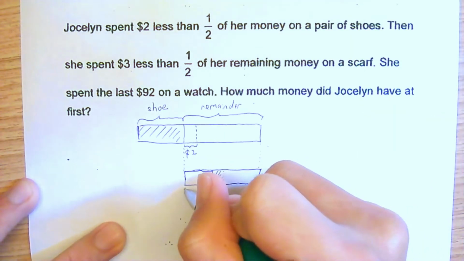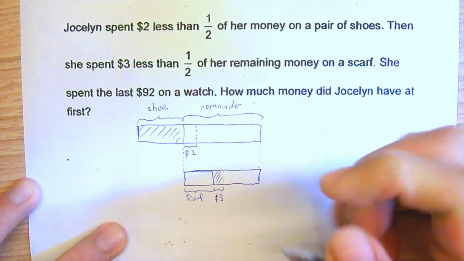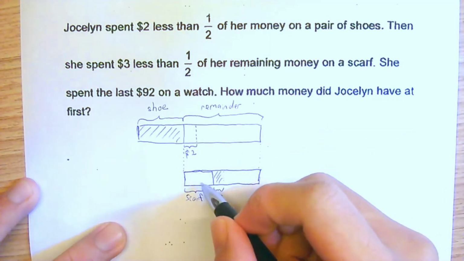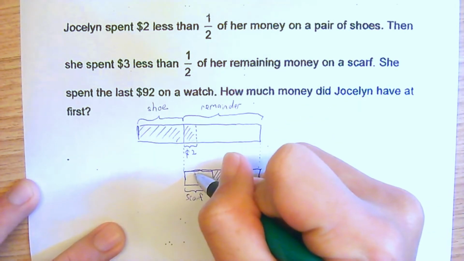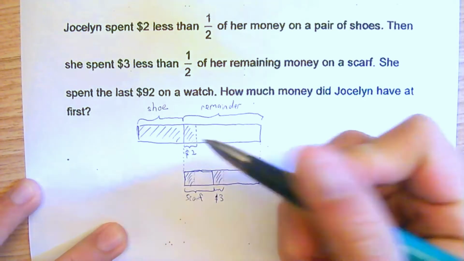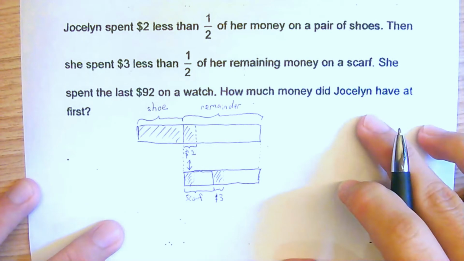This is what she spent on a scarf. Part of the scarf will include this $2, so I'm going to input this $2 as well, to show you that this one is the same.